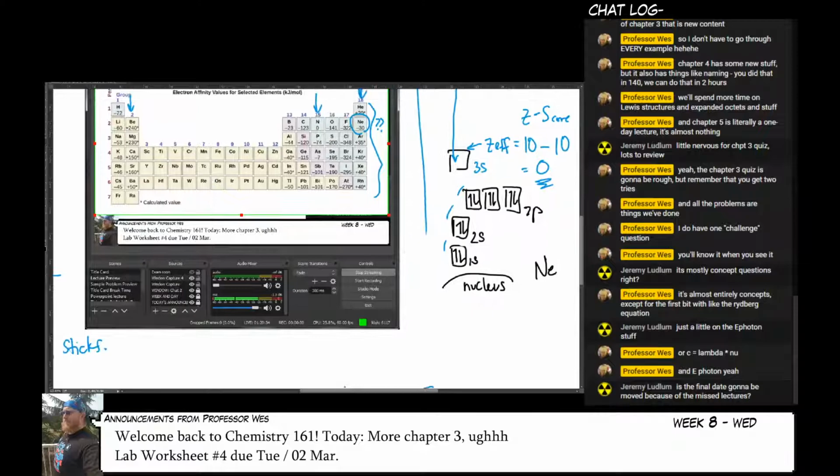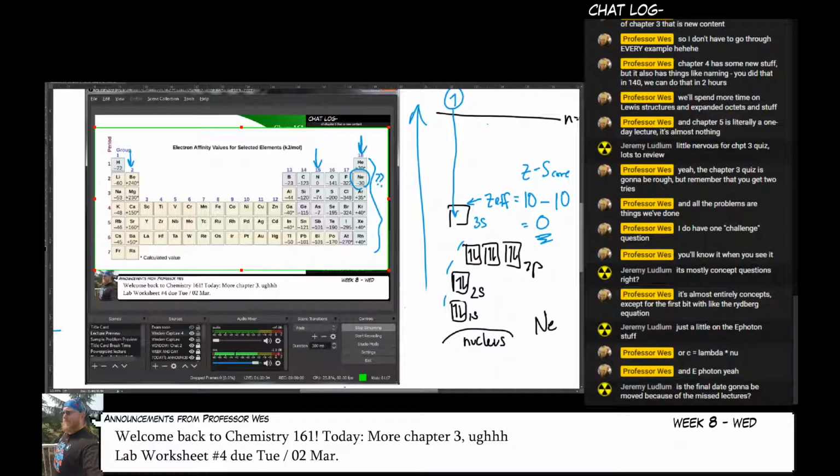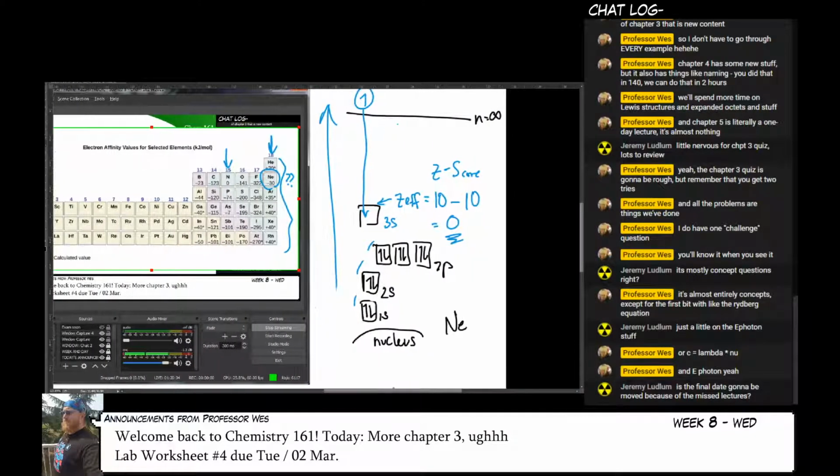Now let's look at group 5. So that's going to be something like nitrogen. So let's erase. And so nitrogen is going to look like this. Here's what nitrogen looks like.